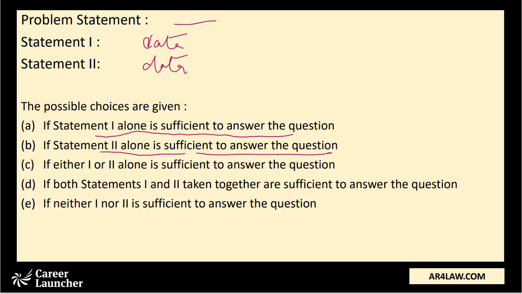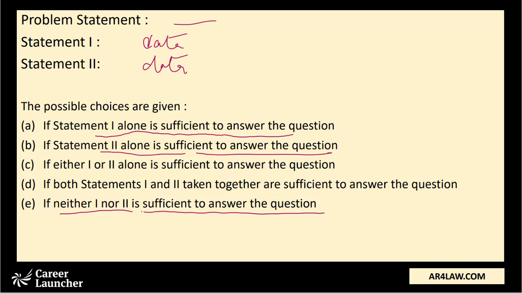E is marked when none of the statements alone, and also the combined data in both the statements, lead us to a solution or an answer. That is, neither 1 nor 2 is sufficient to answer the question.